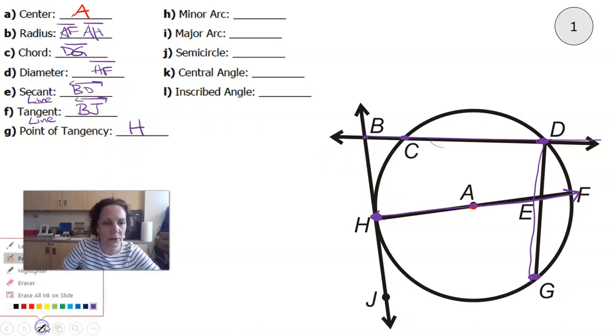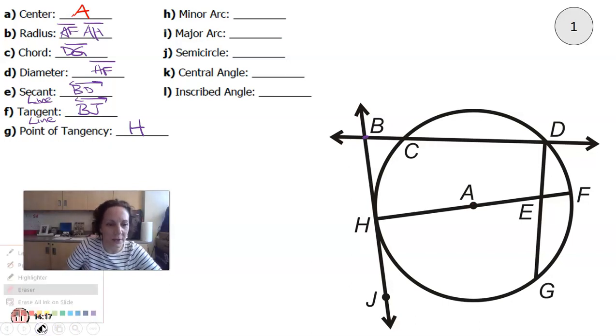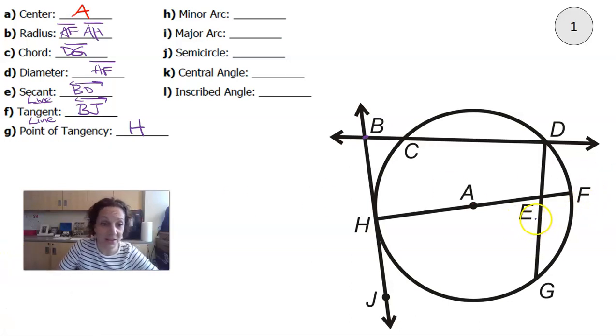Then we learned about all these central angles and arcs and all that business, right? So let's see if I can find a central angle. When I go to this diagram, if I have a central angle, then it should have its vertex in the middle, right, at the center. So let me go over here. Here's the center.